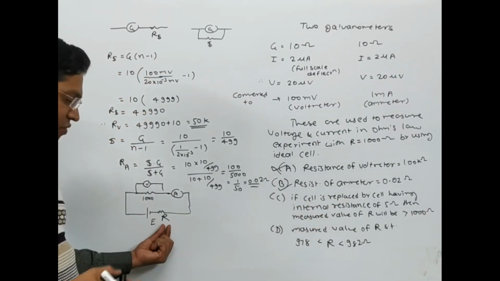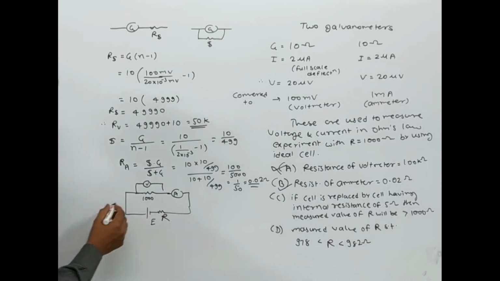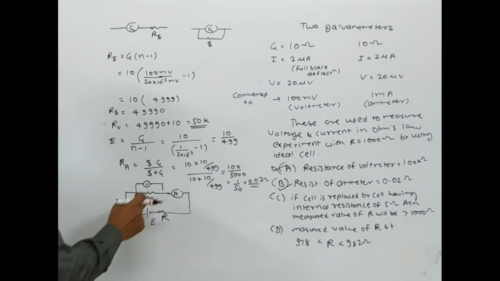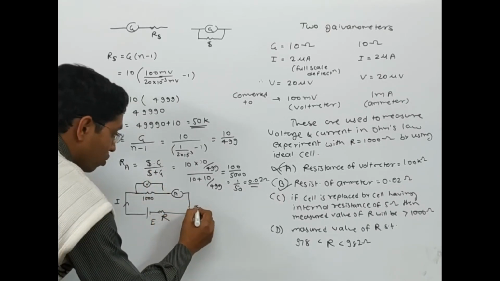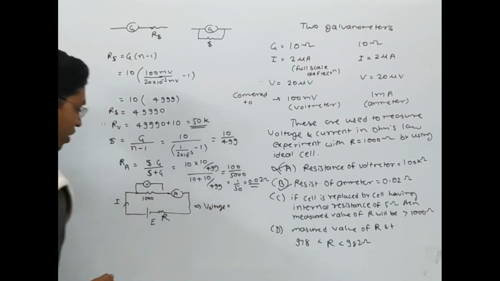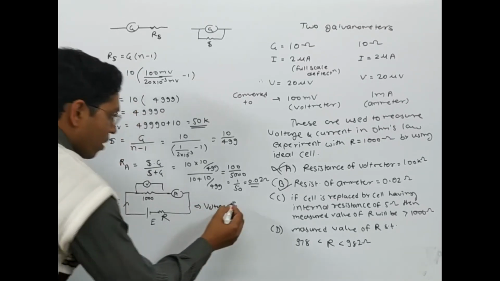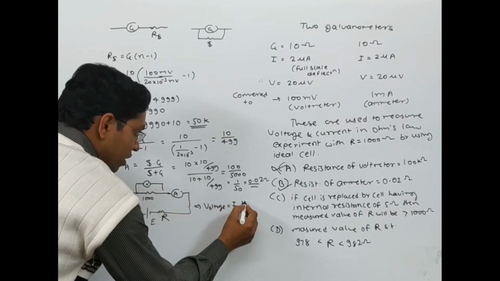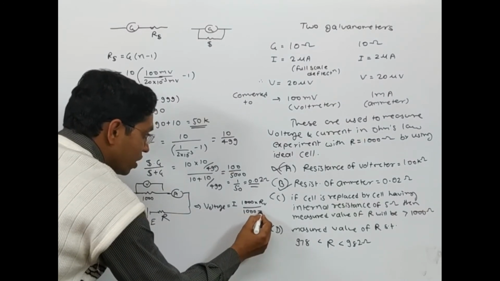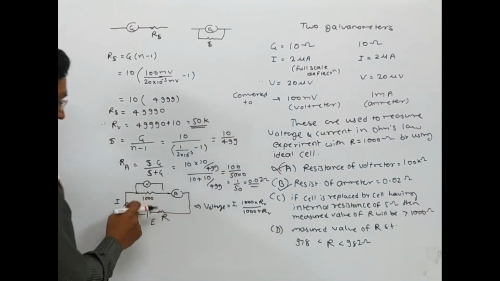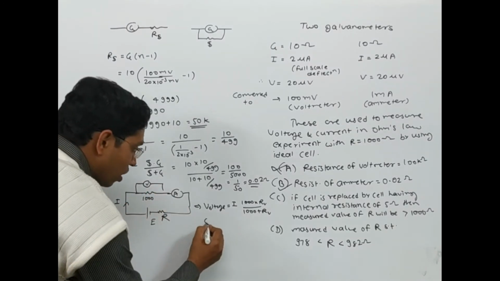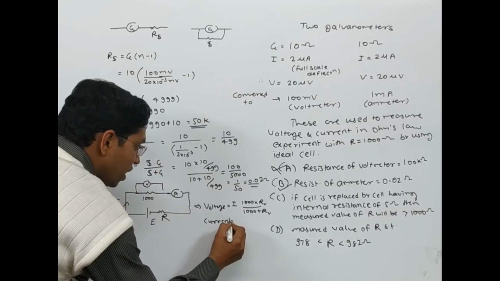I'll just put it as a variable R. The current flowing in this circuit is, say, I. The voltage measured by the voltmeter will be I into 1000 RV upon 1000 plus RV. This is the voltage measured by this voltmeter. And the current measured by this ammeter is simply I.